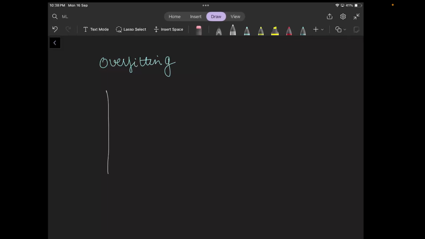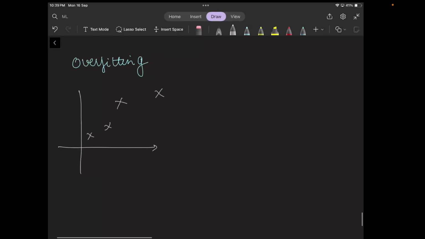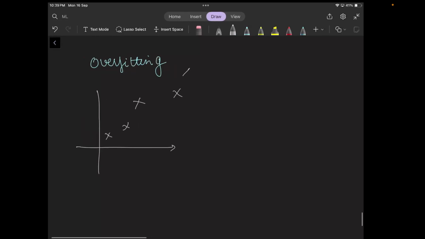So let's go back to linear regression, and let's say we have a few points. Now if I fit a curve which is something like this, then I say that the curve is underfitting, or it has high bias.